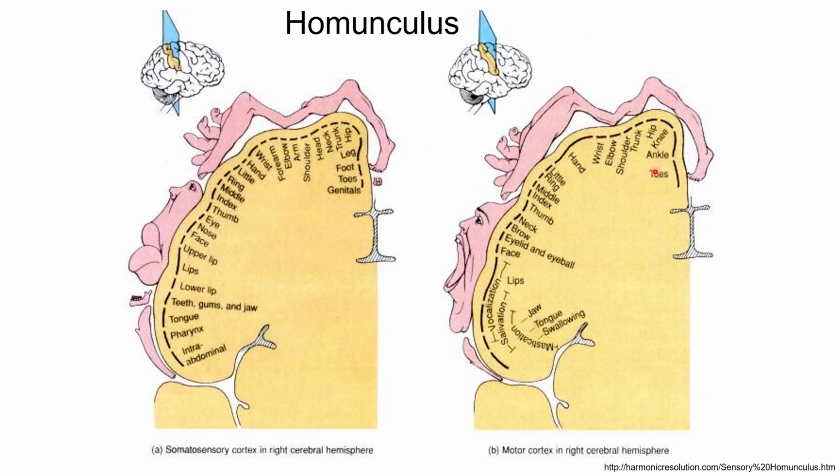Here, the amount of area that is devoted to each body part reflects how much motor control we have in that body part. Again, we have a lot of dexterity, a lot of fine movement in our fingers, and it is not surprising that fingers have a lot of area devoted to them in the motor cortex, whereas arms or the legs have relatively smaller area despite their large size in the body. Again, face has a lot of muscles for making various facial expressions.